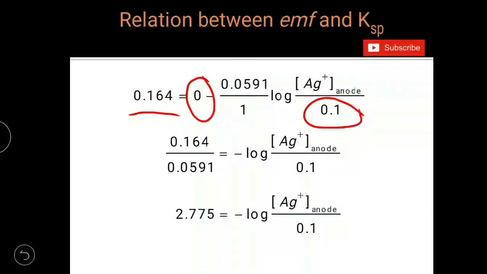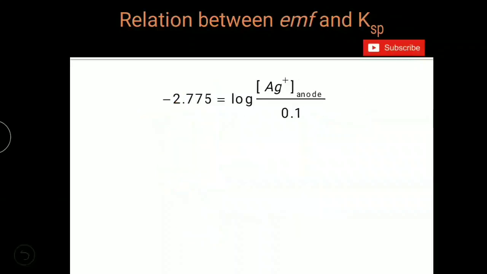And this 0.164 by 0.0591 value will be equal to 2.775, which will be equal to minus log silver ion concentration at anode by 0.1. Now log silver ion concentration at anode by 0.1 will be equal to minus 2.775.